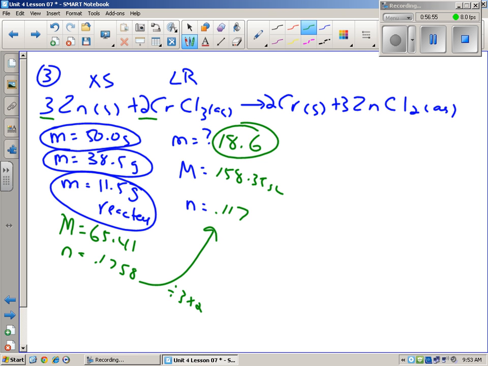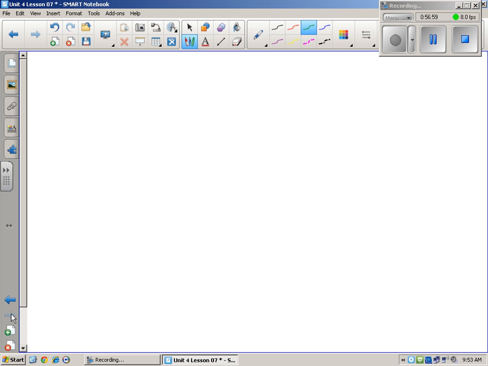Any other questions from that sheet? Yeah. Number 2 from homework yesterday. Silver nitrate and excess sodium chromate.